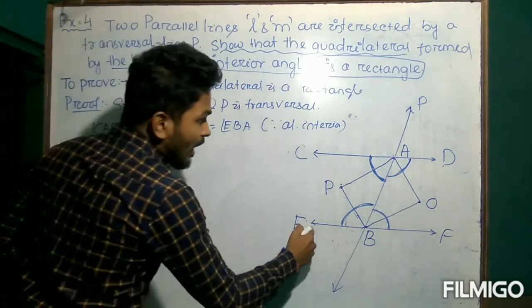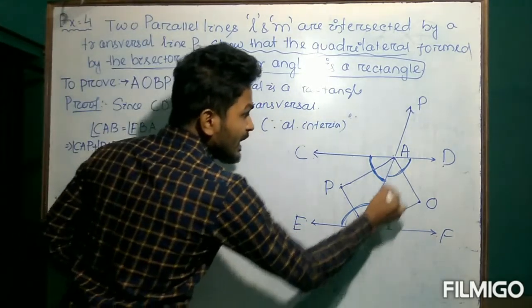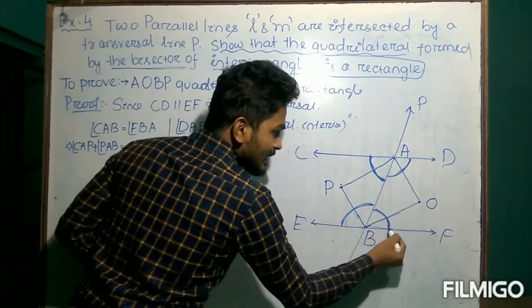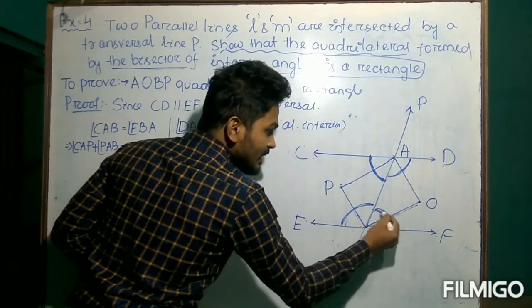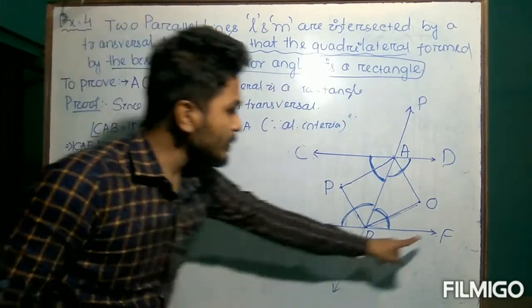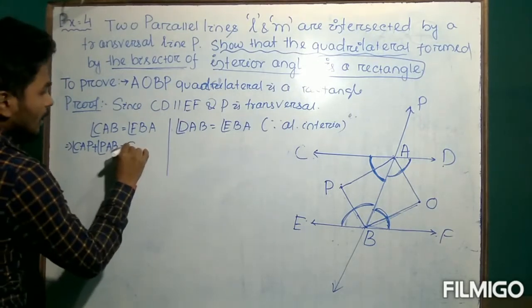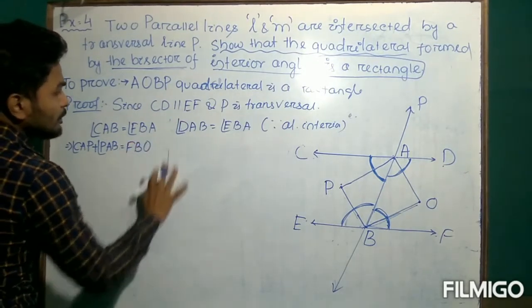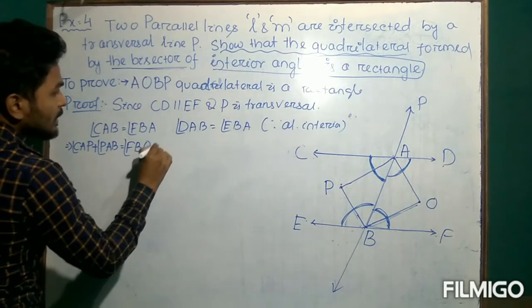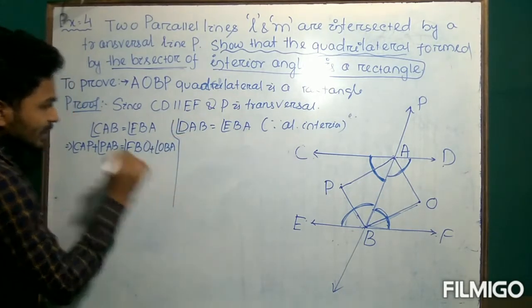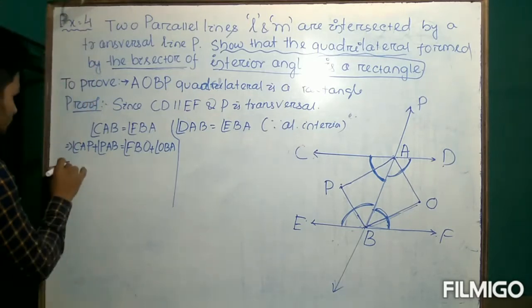Similarly, angle FBA can be written as this angle plus this angle, so FBO plus OBA. Okay, it is clear. Now we are considering only these two angles.